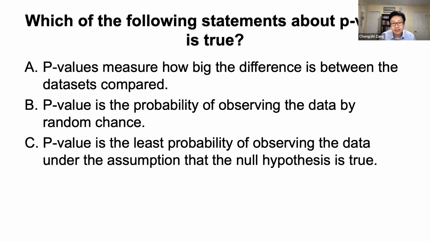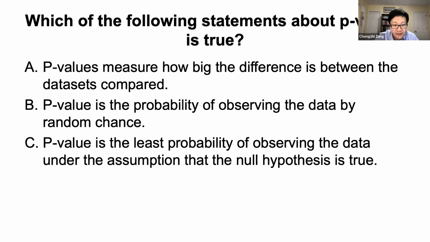Okay, so this is actually a small test, and I already gave you a hint about the answer. Which of the following statements about p-value is true? Based on your understanding from previous statistics classes and what I described just now.